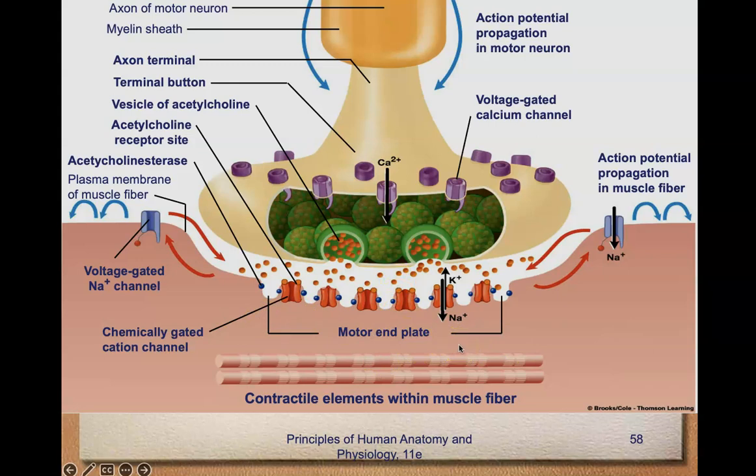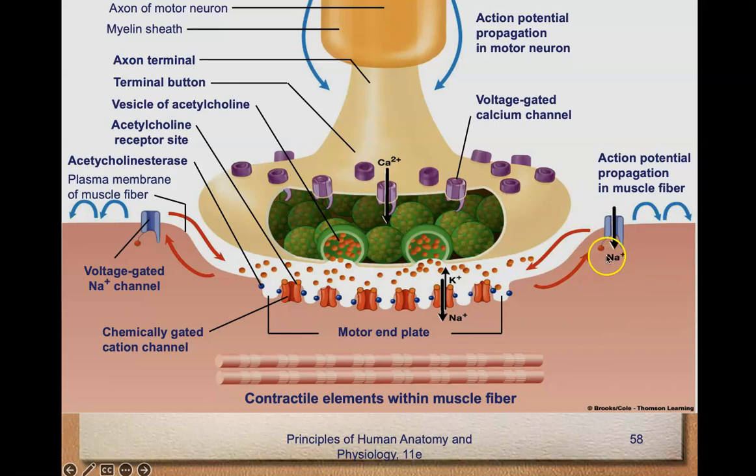And as that sodium rushes in, it's going to make this muscle cell more positive. And this is going to trigger a muscle action potential now. Eventually we'll talk about this a little bit later on, but it ends up causing an electrical change in the charge inside this cell.